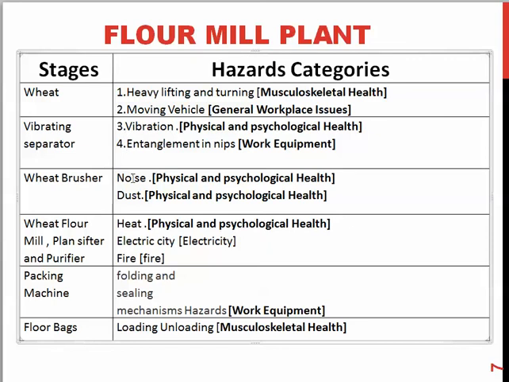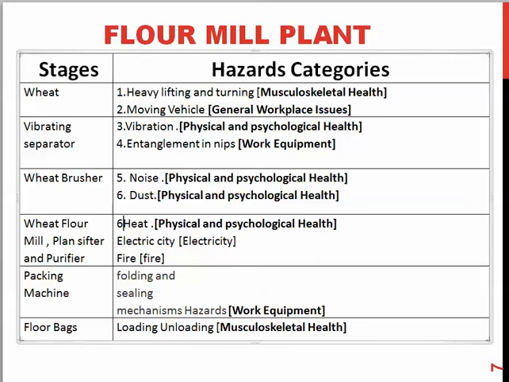hazards. So if we come to the wheat crusher, there is noise, and number 6 is dust. We have covered 6 hazards with 4 categories. If we come to the flour mill, plan sifter and purifier, these 3 stages, we have number 6 heat, number 7 electricity, number 8 fire.